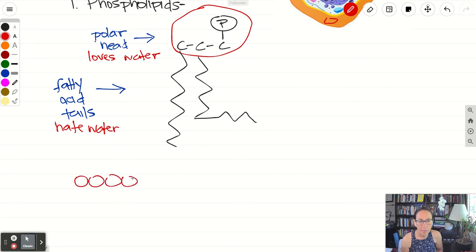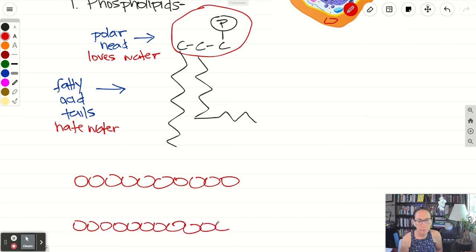You have all the heads together on the top, and then all the heads together on the bottom. And you have the fatty acid tails in between. Okay, so there's one fatty acid tail, there's another, and they're unsaturated, which means they kick each other. Let me just speed up here a little bit.